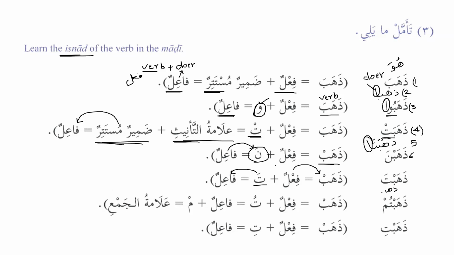So whenever you talk about the dual, we need to know that in dual, this alif is the doer. Whether it is the present tense or the past tense doesn't matter, but alif is the doer. So here we have number 7, and then here we have number 8. And we know that 8 happens to be twice.